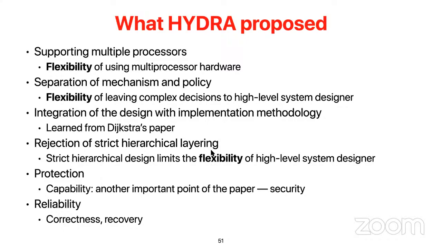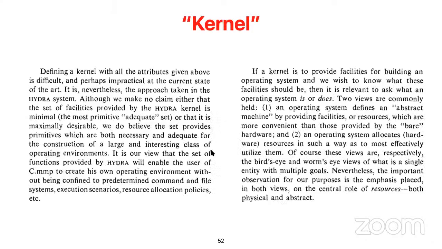And what they are proposing is actually addressing the two words, flexibility and security, that are in their whys. So whys are so important, right? And it's also a paper that has a clear definition of a kernel.